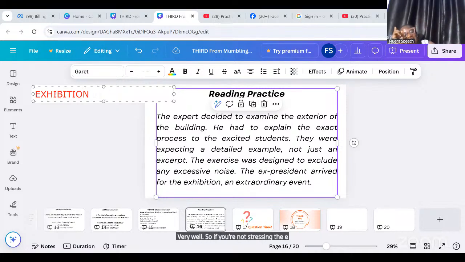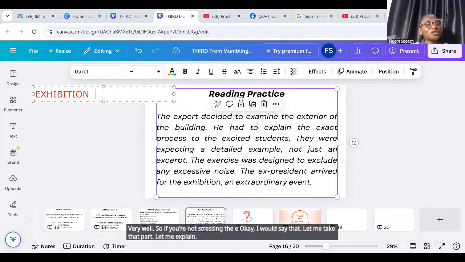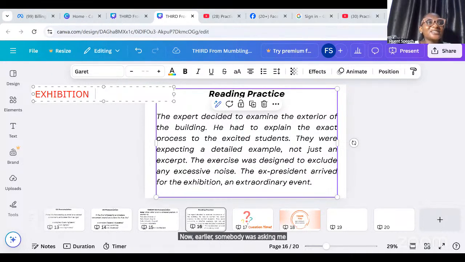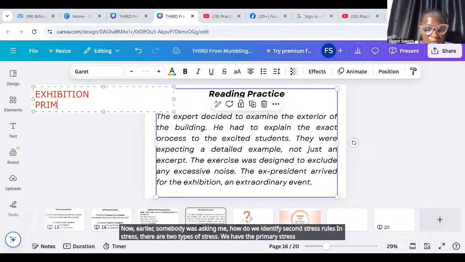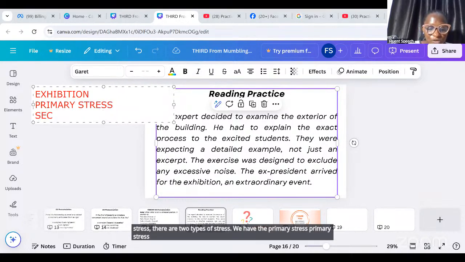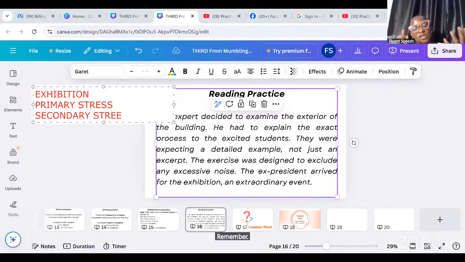Let me explain. There's something here that we need to pay attention to. Earlier, somebody was asking me, how do we identify second stress rules? In stress, there are two types of stress. We have the primary stress, and we have the secondary stress. Remember, stress means saying a syllable louder, longer, and clearer.